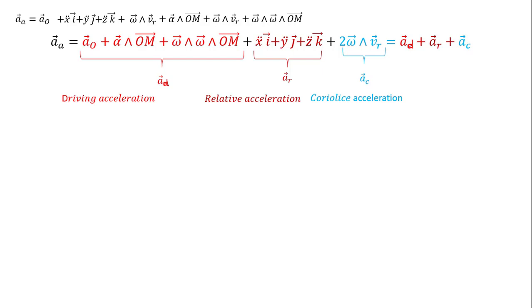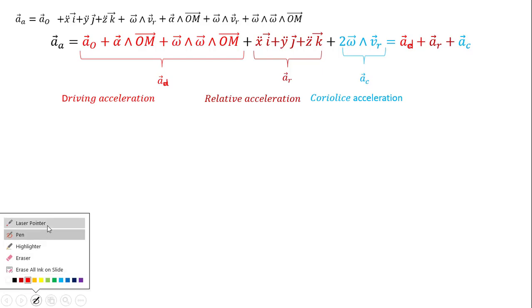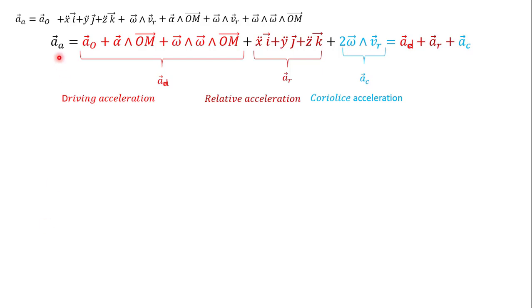All these terms designate the driving acceleration. And in this color we have the relative acceleration, and finally in blue we have the Coriolis acceleration. So yes, the absolute acceleration is equal to a lot of terms.